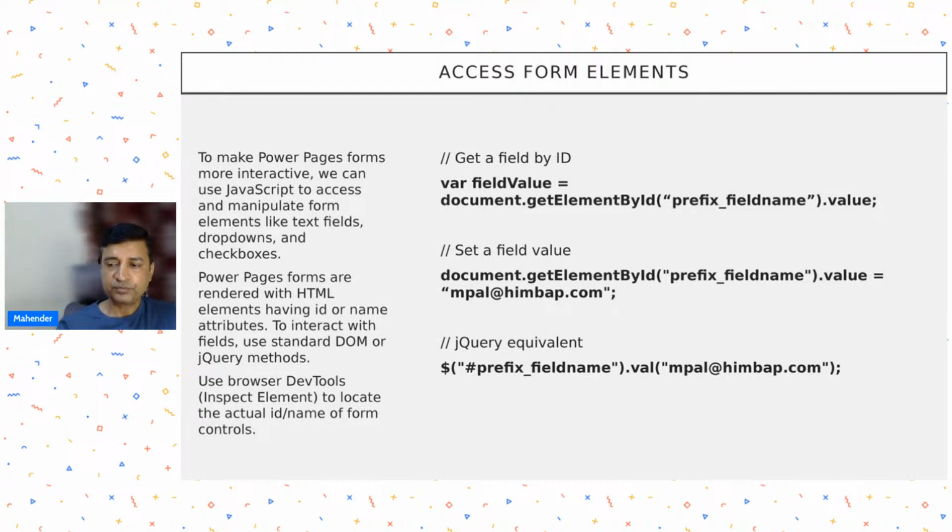Once you have the data with you, you can perform whatever action or validation you want to do. You can use the standard scripting methods, like hiding or making the field visible, setting visible to false or true depending on the requirement.